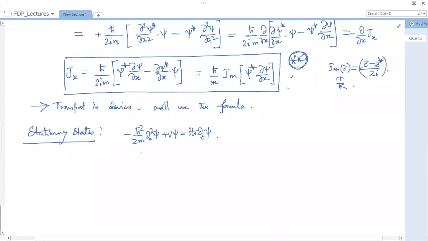The stationary state of the Schrodinger equation is, again, when you can separate the variables. This is a partial differential equation. Psi of x,t is a function of both x and t, but you can use the separation of variables.